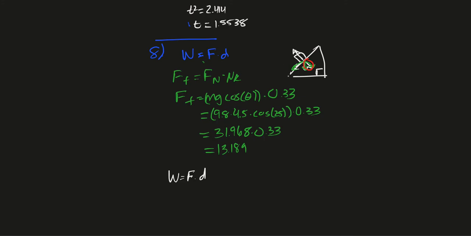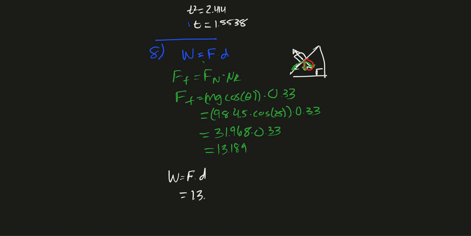Since we're considering the force of friction as positive, the displacement will be negative, because the displacement is in the opposite direction of the force of friction. It opposes the motion. So we'll take the distance to be -5, because it's going in the opposite direction of the force of friction, which we're taking as positive.